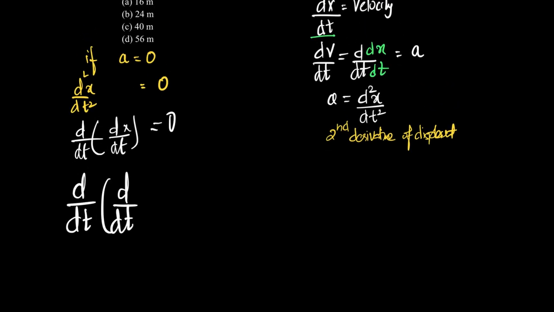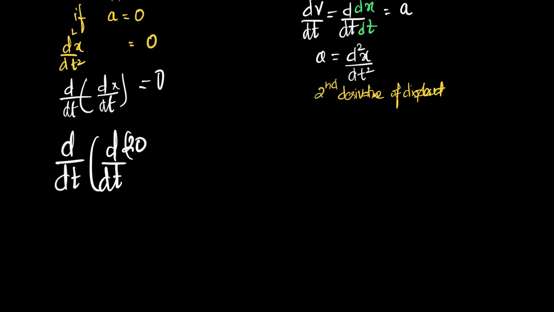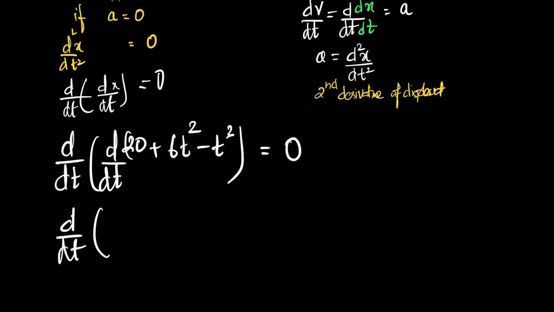X is given as the equation 20 plus 6t square minus t cube, and this is equal to 0, right? So let us now differentiate. So we'll get d by dt of, what is d by dt of 20? It is 0. D by dt of 6t square is 12t, minus d by dt of t cube is 3t square.